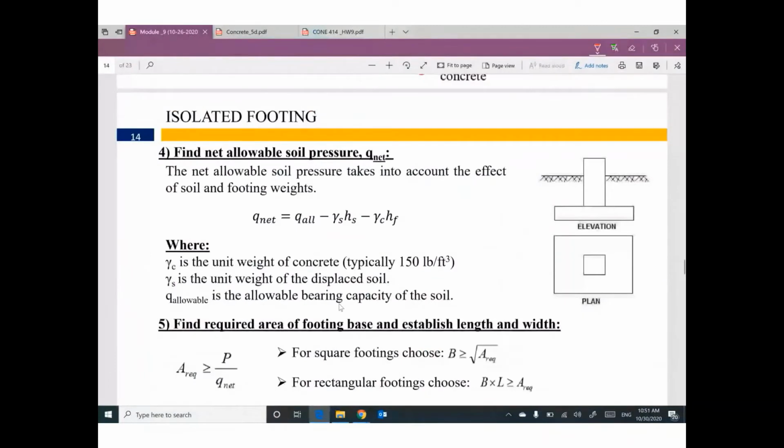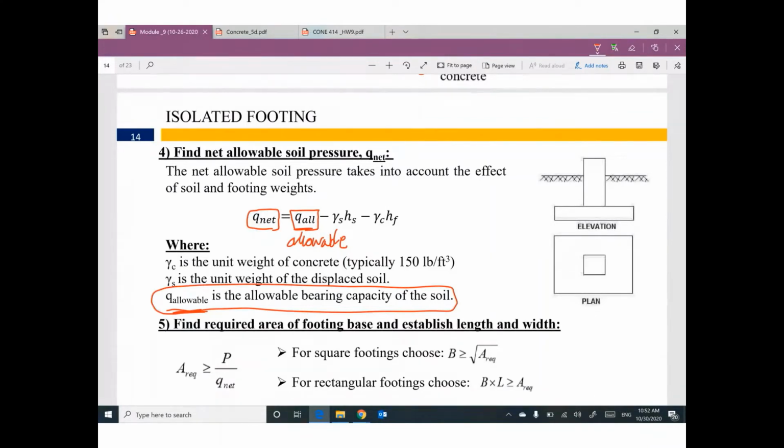The next step, we need to figure out the Q net. As you know, the geotechnical engineer will give us the allowable bearing capacity. Q allowable is the allowable bearing capacity given by the geotechnical engineer.